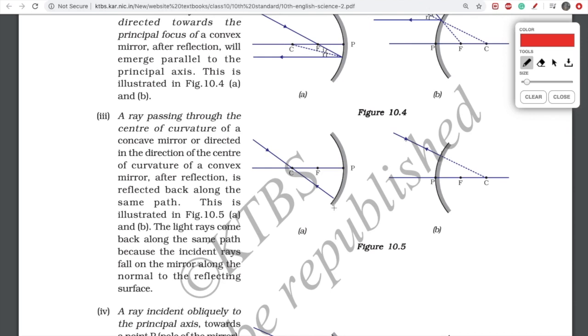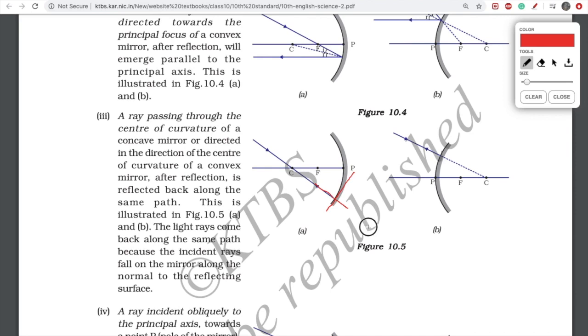At this point we should just touch that point and draw it. Now what is the normal? This itself is the normal, correct? Because of this, what is the angle of incidence?